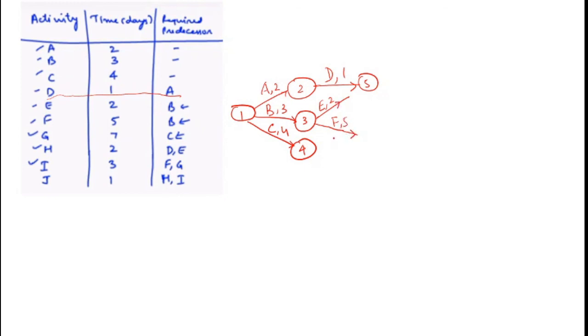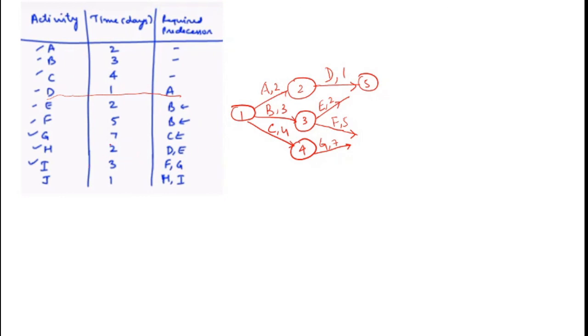It is also given that for activity G, the predecessor is C. So simply we can draw activity G, and it has time of how much? 7. So we have finished up till G.